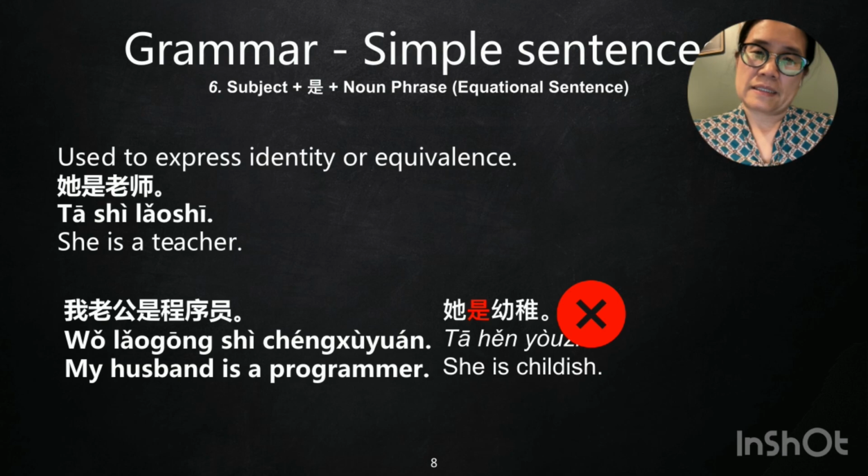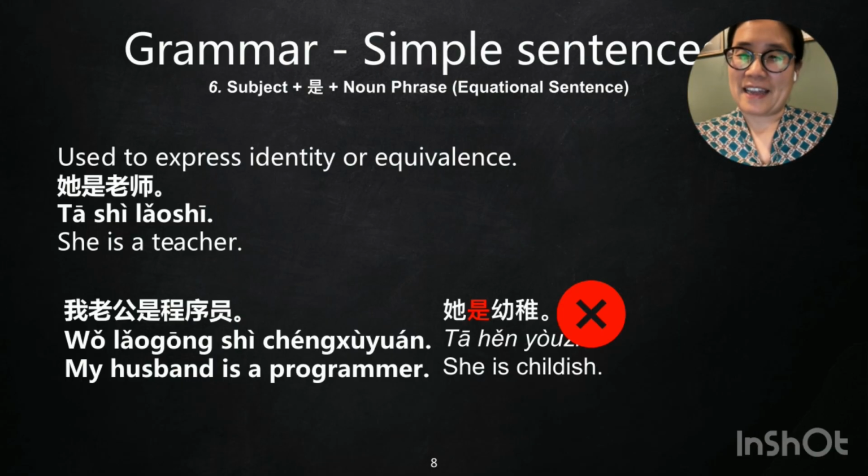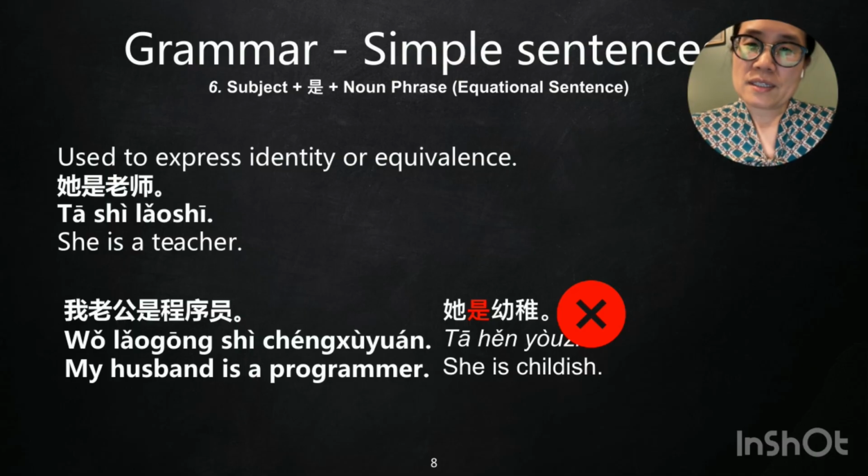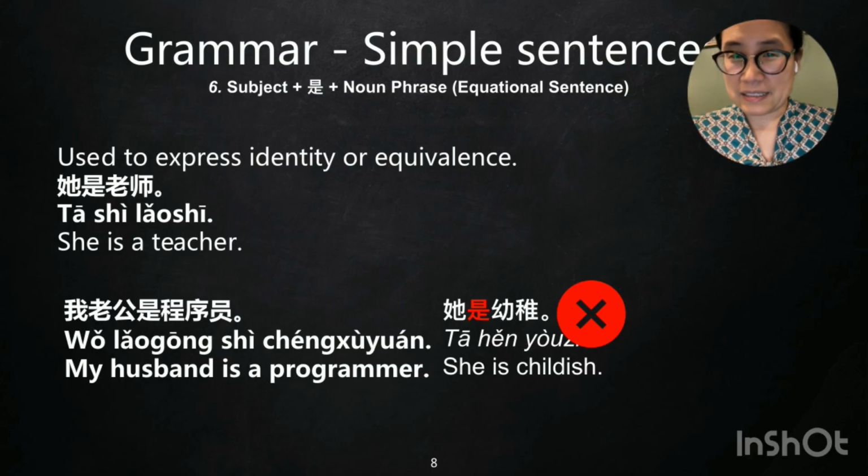Another basic sentence pattern in Mandarin is subject and 是 and noun. You remember we gave this example when we talked about subject and predicate, like subject and adverbs, right? So we use a subject, a 是, and a noun to express the existence of something or the identity of something.